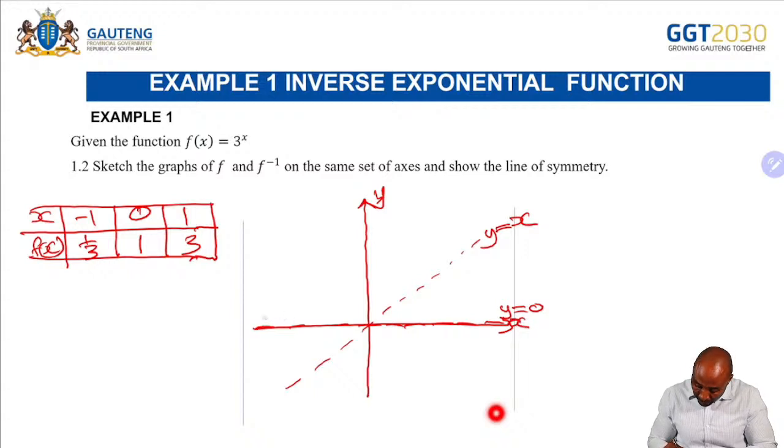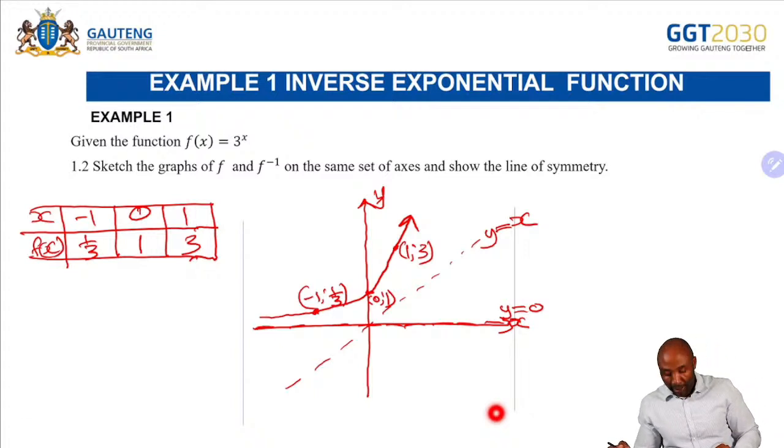So my graph is an increasing one. I have that point with coordinates (0; 1), and I've got another point with coordinates (1; 3), and I have another point this side with coordinates (negative 1; 1 over 3).